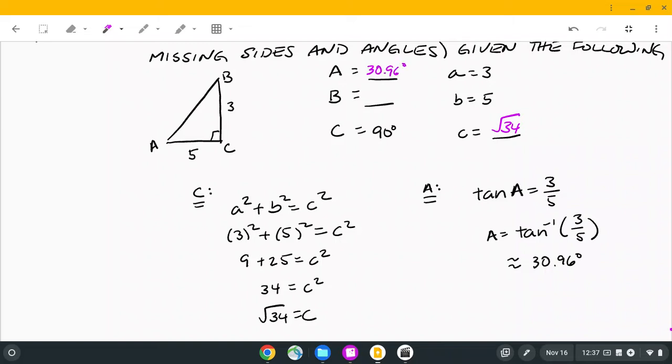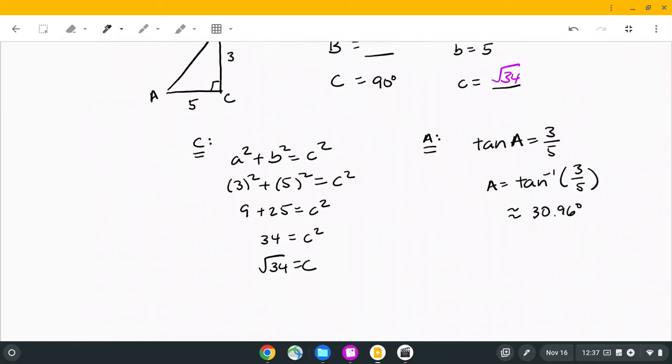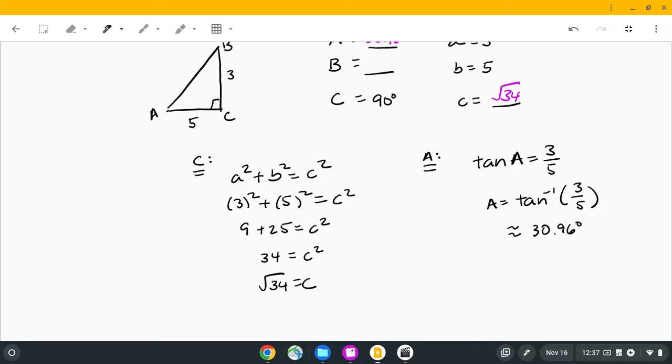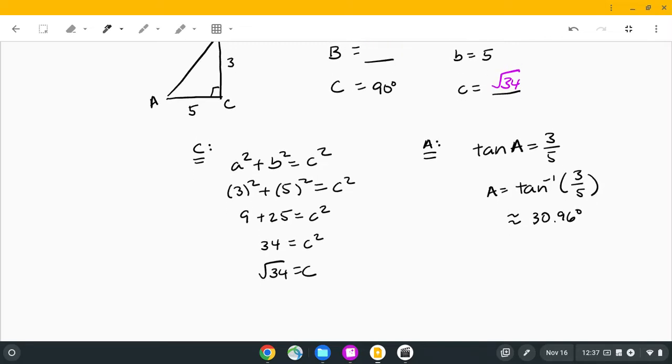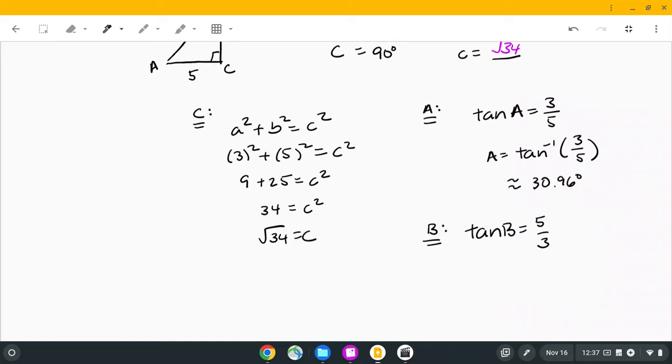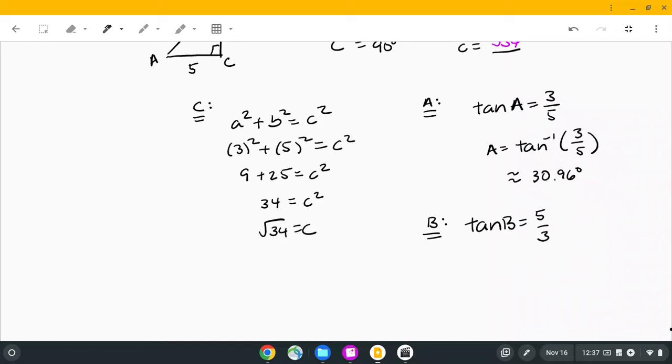And then angle B. Now you could do it one of two ways. You could use tangent inverse: tangent of B equals 5 over 3, so B equals tangent inverse of 5 over 3, which is approximately 59.04 degrees. Or you could just use the fact that all the angles add up to 180, and subtract angle A and angle C from 180.